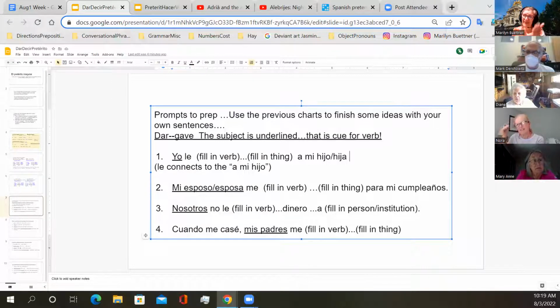Sometimes the nature of that action of the verb is going to really determine it. So let's look at the difference. Usually in most conversations, a super high percentage, when you gave something to somebody, it's pretérito. The nature of that action, dar, to give, means it's something that happened and it's done quickly, right?